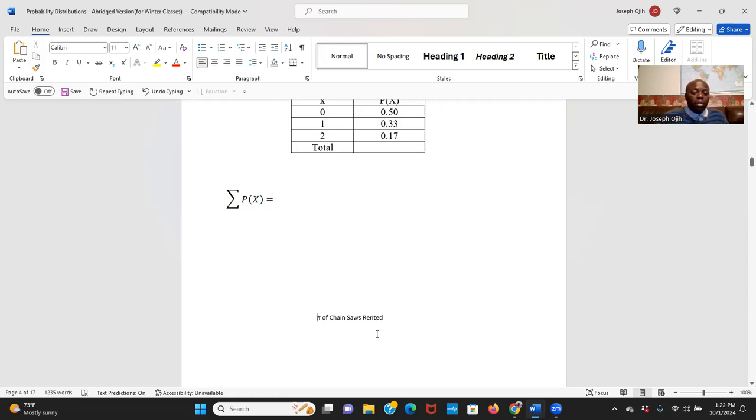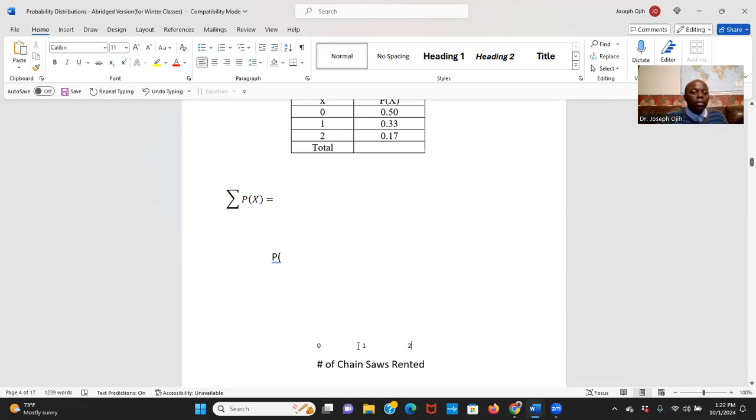I'm going to make this 18. Then we have the P(X) here, the probability of X. I'll make it closer a little bit, 18 again. So here we have 0 chainsaws rented, 1 chainsaw rented, 2 chainsaws rented.